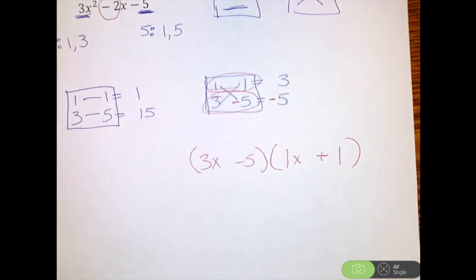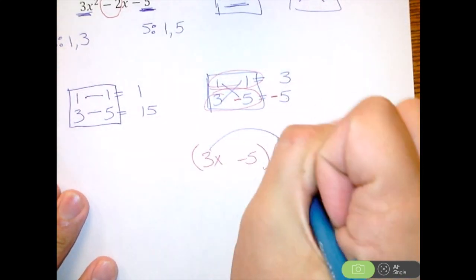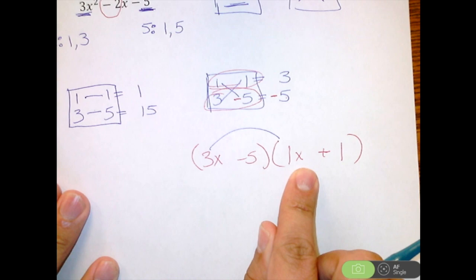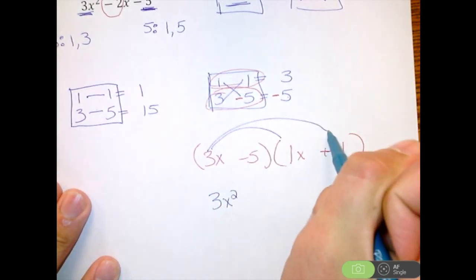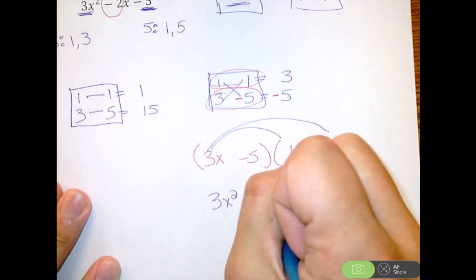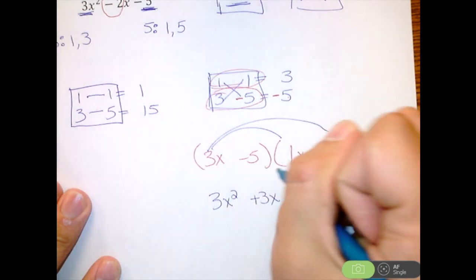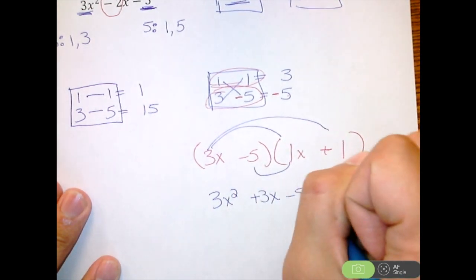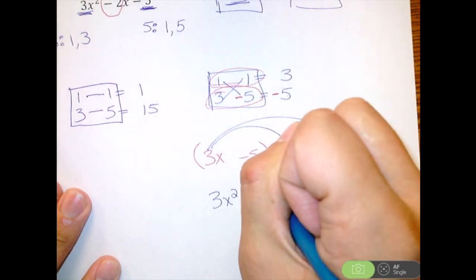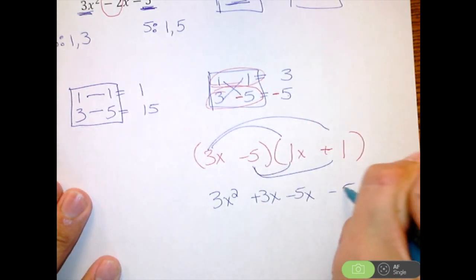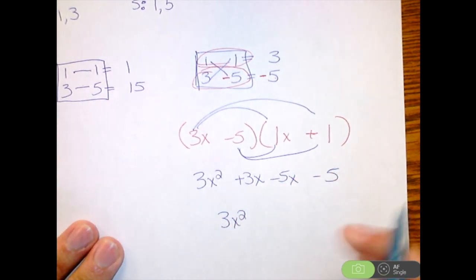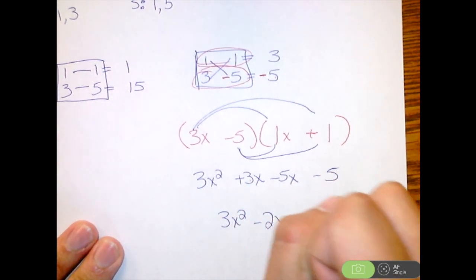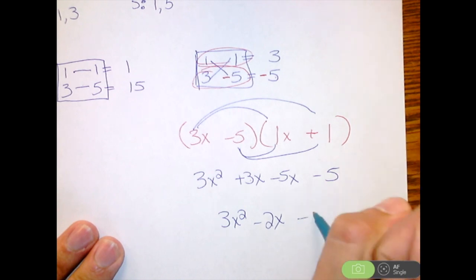Now, you might not be convinced that it works, but we are going to distribute. 3x times 1x is 3x squared. 3x times 1 is 3x. Negative 5 times 1x is negative 5x. And negative 5 times 1 is negative 5. When you combine like terms, we get 3x squared minus 2x minus 5.